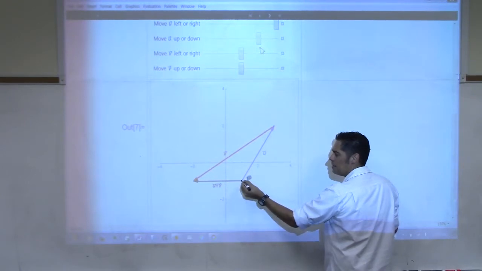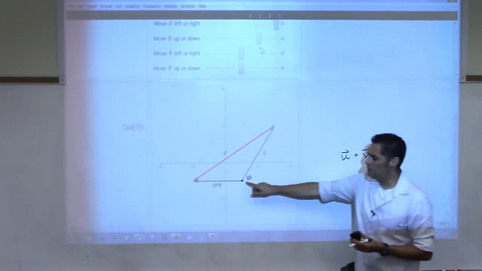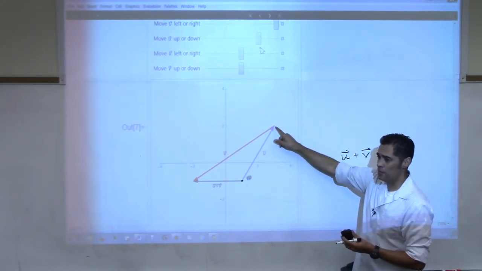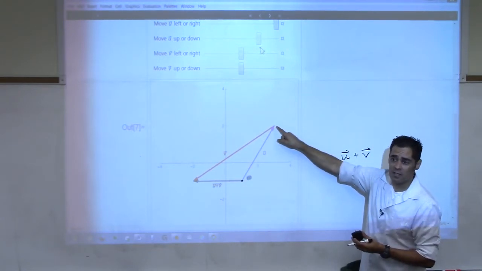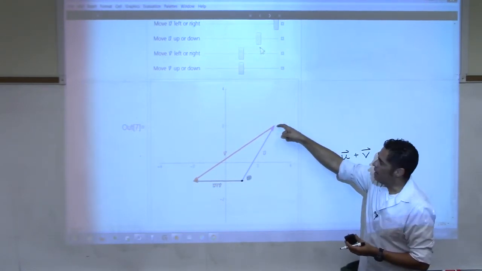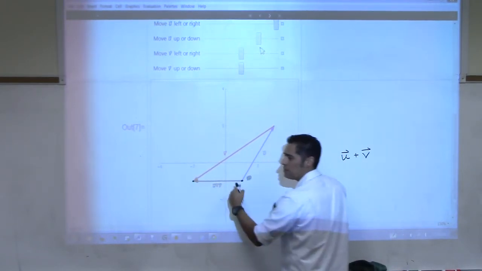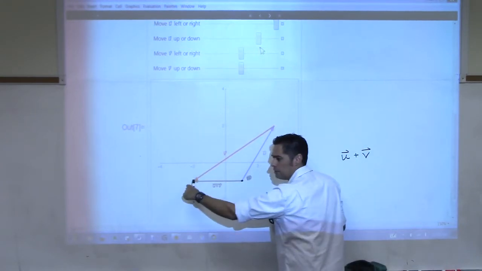You start here at the tail of u, and you follow u up to the tip of u. You connect the tail of v to the tip of u, and then follow v, and this is where you wind up. That makes sense? You go u, attach the tail and tip together, and go here.